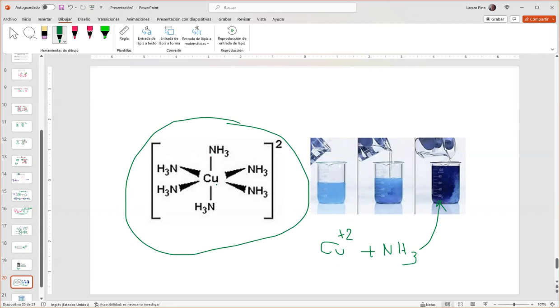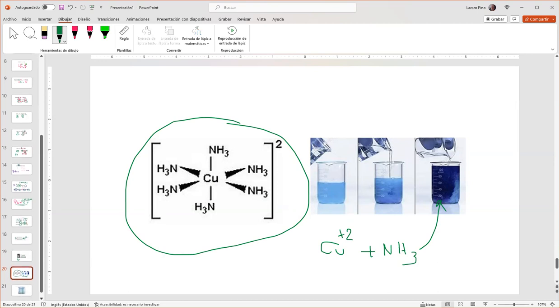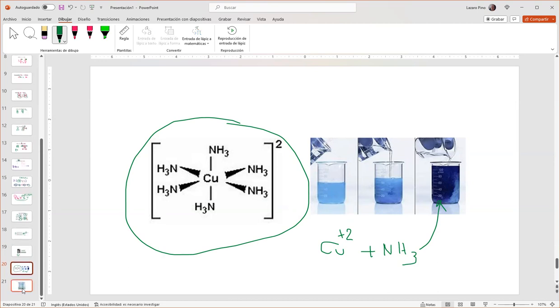These are compounds that have a very complex structure. We are not going to study them, but I want you to know the presence of this type of reaction where a complex substance is one of the products or the main product.